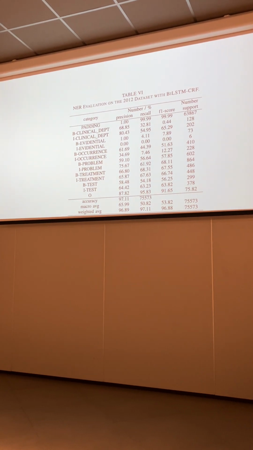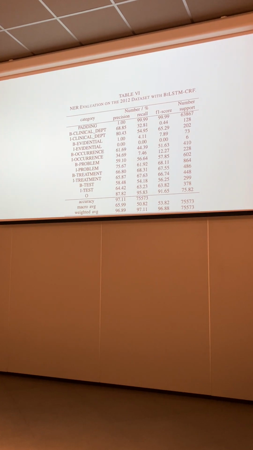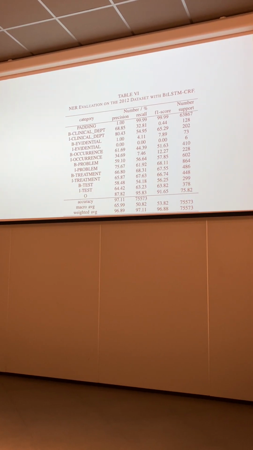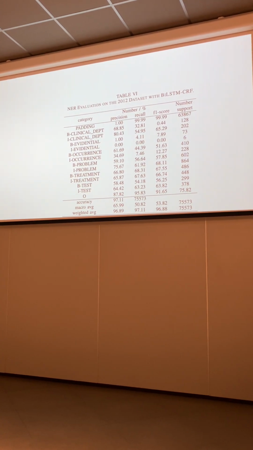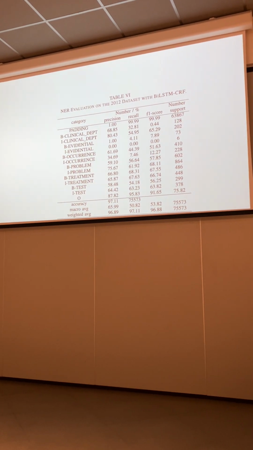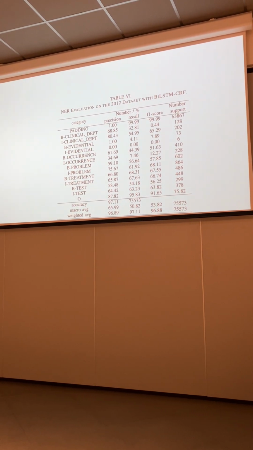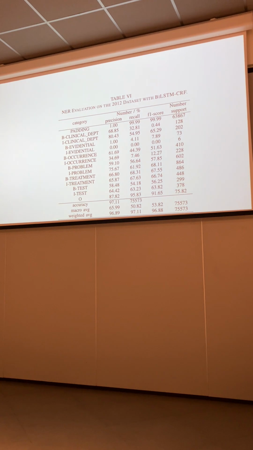You can see on some categories it achieves much better scores than on others. For example, precision can be 1 on evidential, but on occurrence it is 34. So from our understanding, the model performs much better if the token has a higher ratio in the data set.